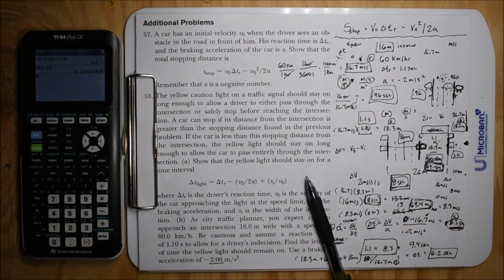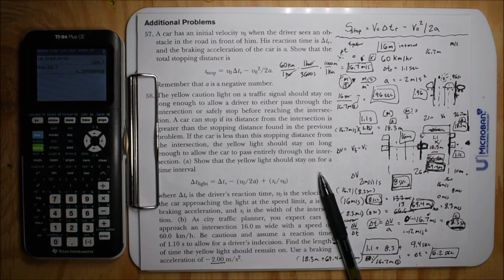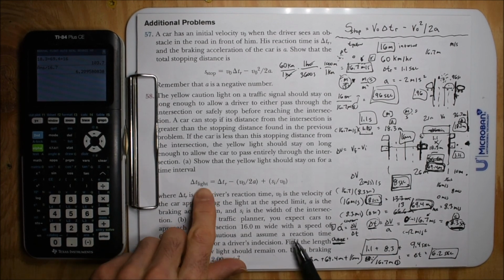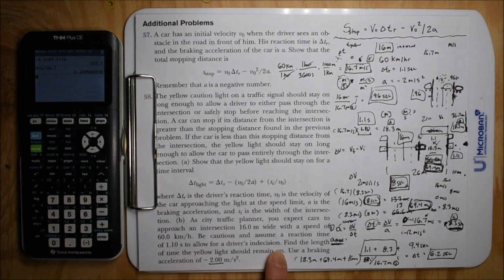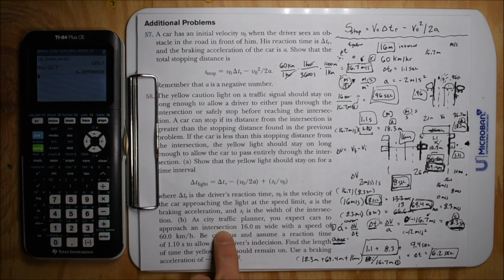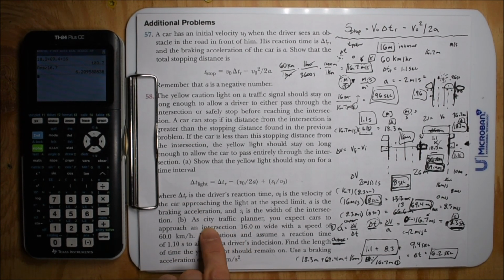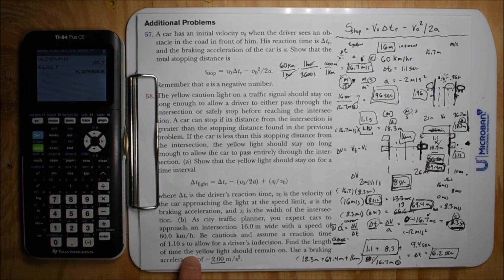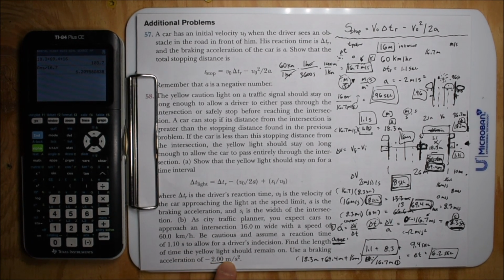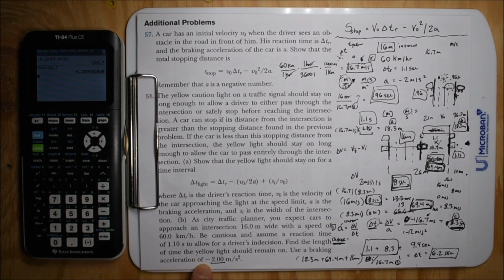Alright, so I might actually have to take a pause here, because I just need to check my answer. We basically just did this. The second problem said, as a city traffic, you expect cars to be cautious, consider reaction time, find the length of time the yellow light should remain on, using a braking acceleration.